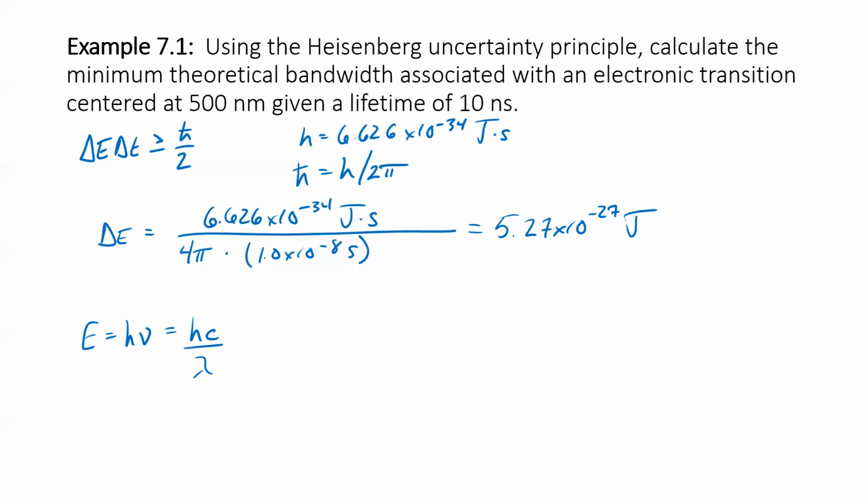And so because we're talking about a delta here, if you take the derivative of this, because we want to get delta lambda out of this, and so we do some math, we get that delta lambda is equal to delta energy times lambda squared on hc.